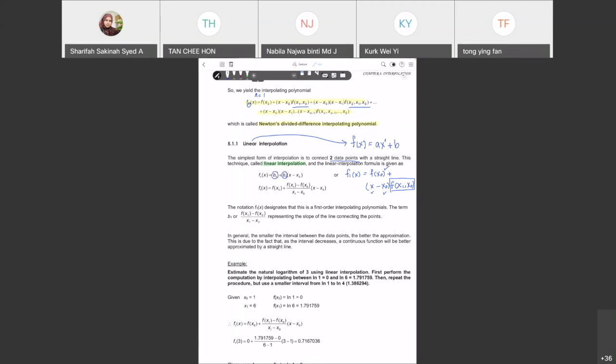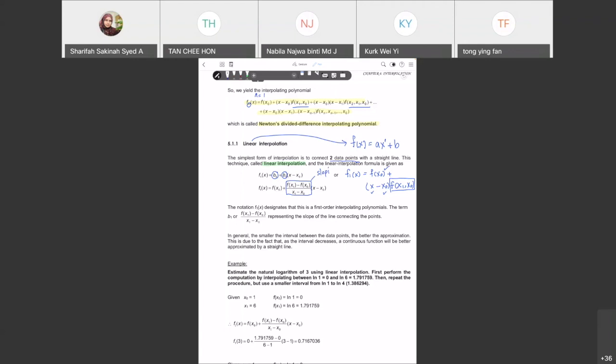How to calculate b1 is, this is the formula. The formula is actually using the first order interpolating polynomial: f(x1) minus f(x0) divided by x1 minus x0. Actually it is the formula of slope.